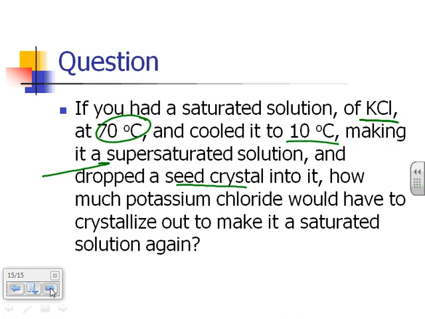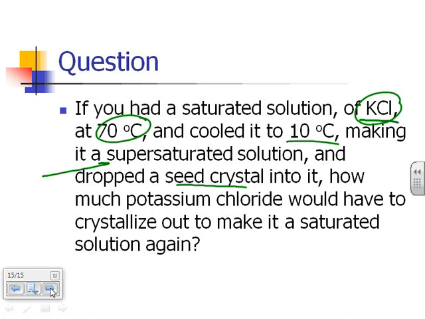A seed crystal is typically just some of your material, potassium chloride in this case, that you put in there. Then the potassium chloride that's in there at too high a concentration will start to crystallize out. How much potassium chloride would have to crystallize out to make it a saturated solution again?